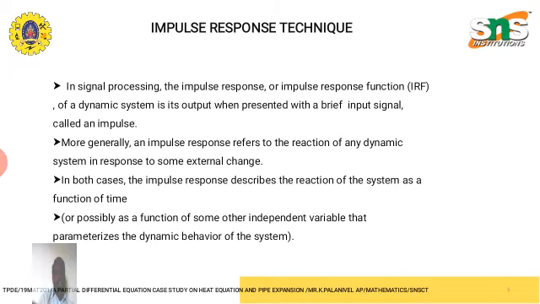More generally, an impulse response refers to the reaction of any dynamic system in response to some external change. In both cases, the impulse response describes the reaction of the system as a function of time, or possibly as a function of some other independent variable that parameterizes the dynamic behavior of the system.